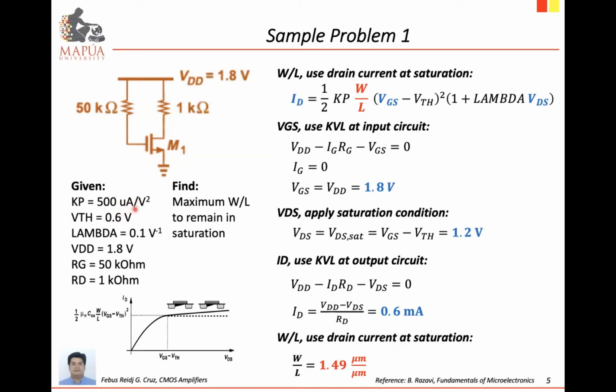Kaya microampere per volt squared. For every square of the VGS, how much will be the effect on the drain current? Yun yung ibig sabihin ng Kp natin. Okay po, thanks po. Okay, thank you. Other clarifications?